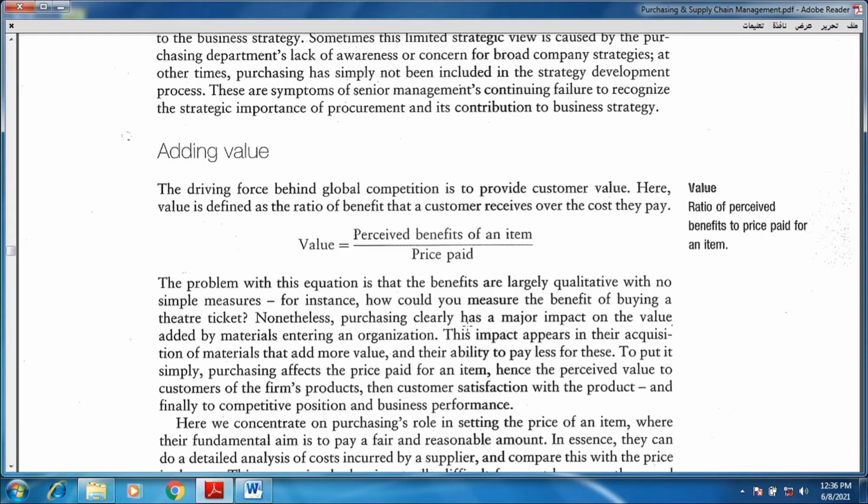Purchasing clearly has a major impact on the value added by materials entering the organization. This is what I'm concentrating my efforts to facilitate. The purchasing department should consider and analyze the benefits, go through all the details, and understand all the phases of this commodity's purchase and the relation with this supplier.